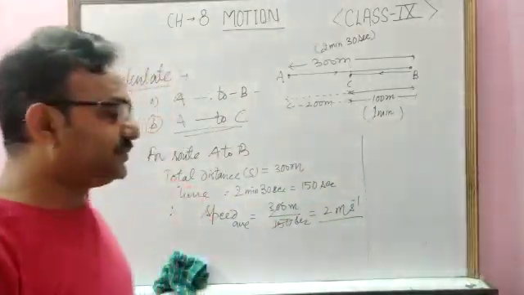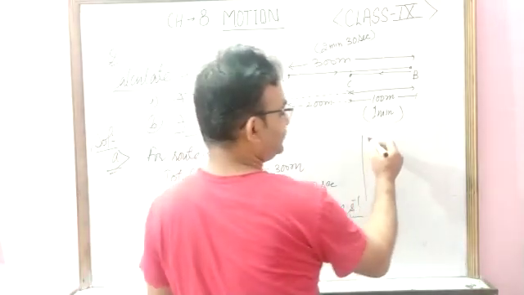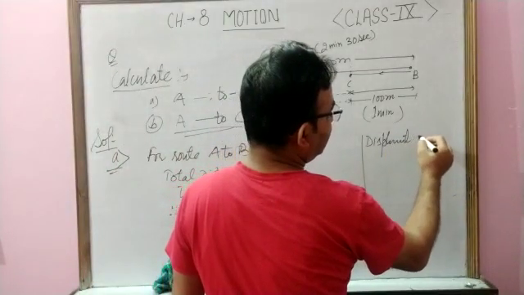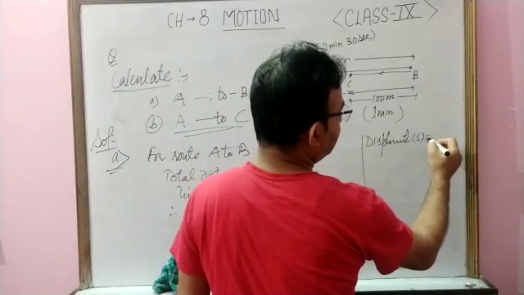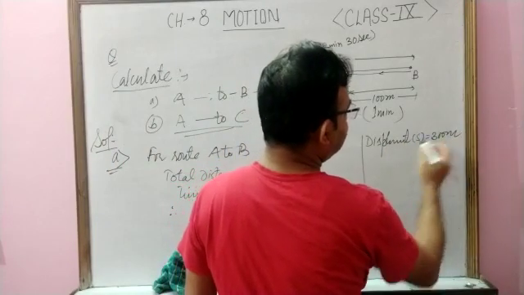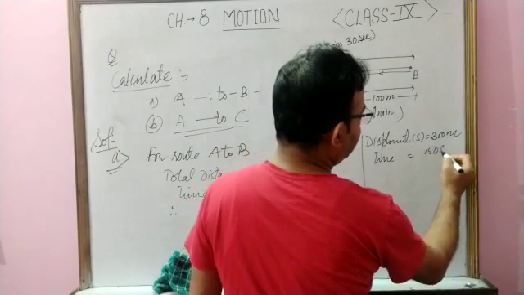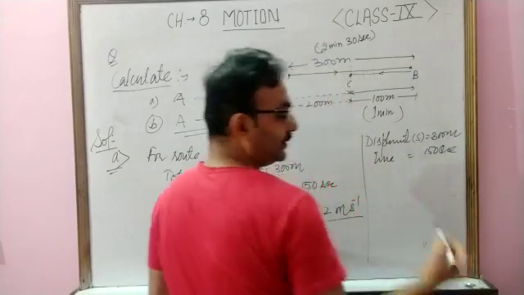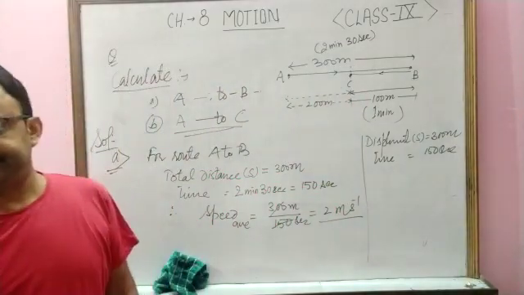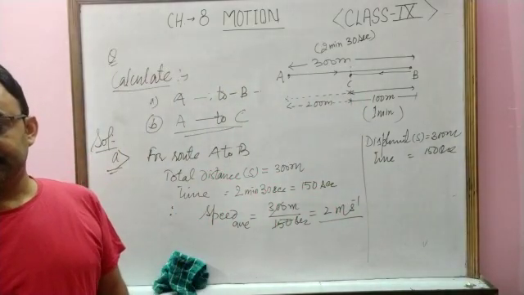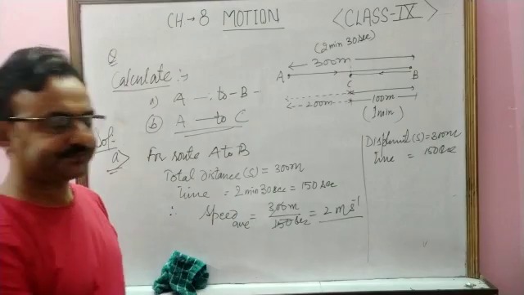So displacement also has the value 300 meters, and the time taken is the same, 150 seconds.